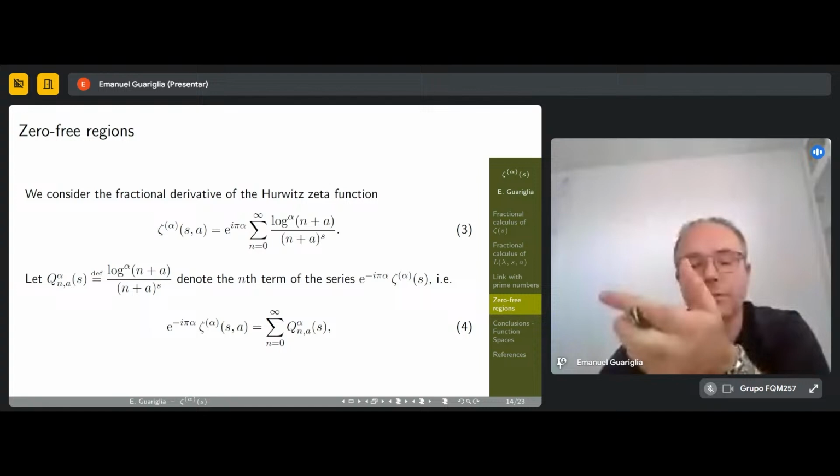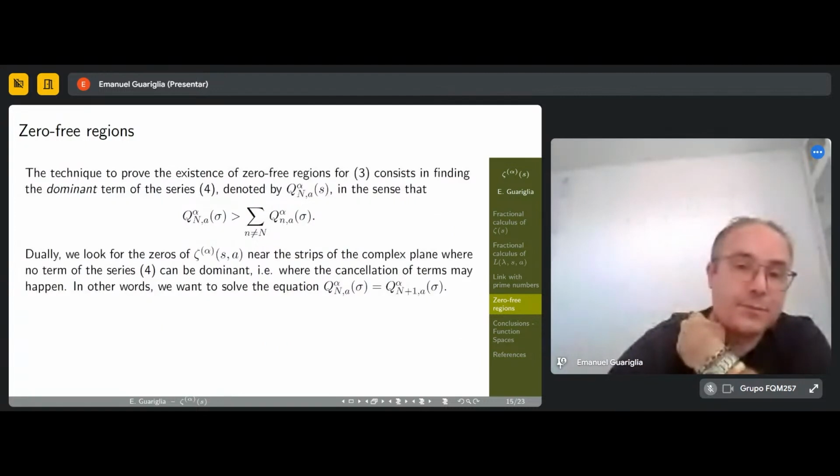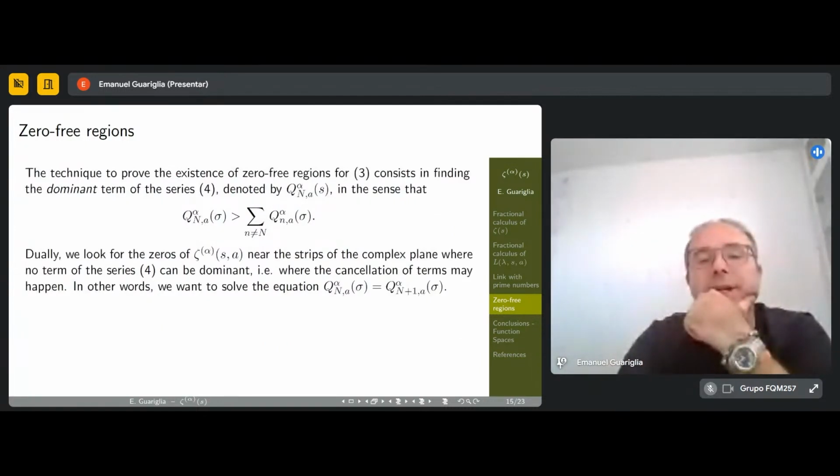So how does it work? First, we take the n-th term of the series, and the point is to find the dominant term. Okay, so the term for which Q of capital N is greater than the rest.